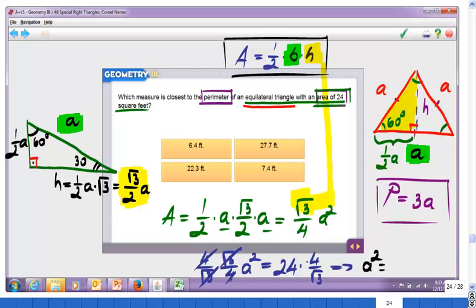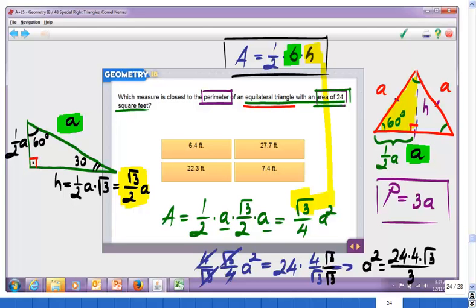Your A squared, your side squared, will be equal to 24 times 4 over square root 3. But I don't like to have square roots in my denominator, so I'll multiply everything by square root 3 over square root 3, which gives you 24 times 4, and I'm not going to multiply that. I'm just going to leave it: 24 times 4 times square root 3 over square root 3 times square root 3, which is actually 3.